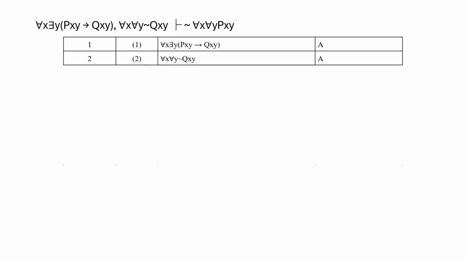Last one, so go ahead and try it on your own if you want to. Looking at our assumptions here, I have an existential quantifier in the second position, so that's a little worrisome because I know that's going to be restricted, but everything else was a universal quantifier.